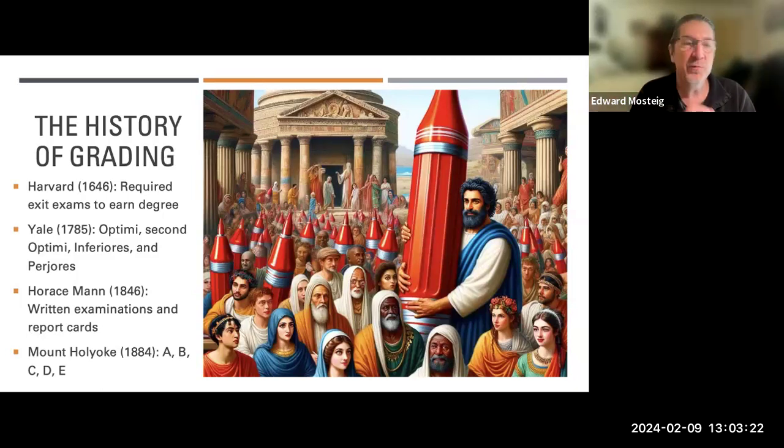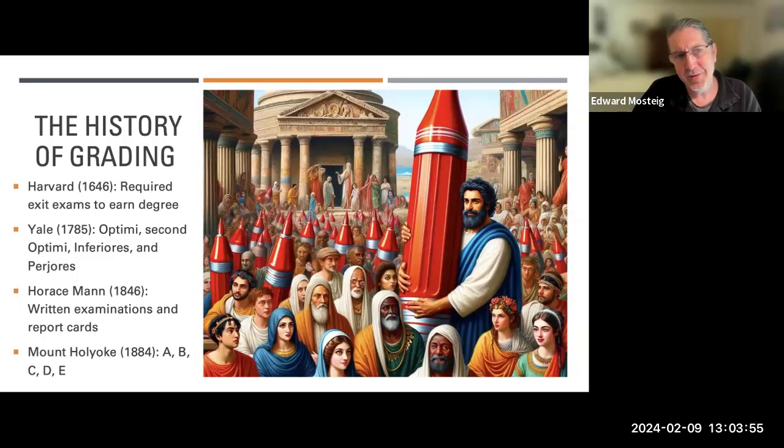People didn't know how to determine at what level their kids were reading, writing, or doing math. So he came up with the idea of report cards so that parents had some idea of where their kids were and where they had to go. It wasn't meant to compare them. It had nothing to do with a bell curve. It was just so they could check in and see where progress was being made.